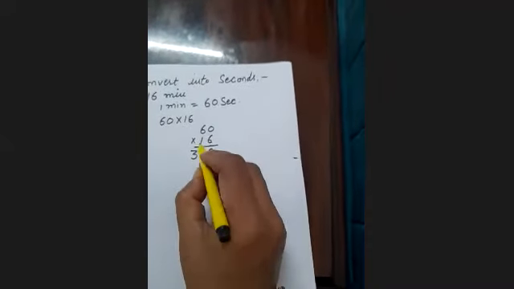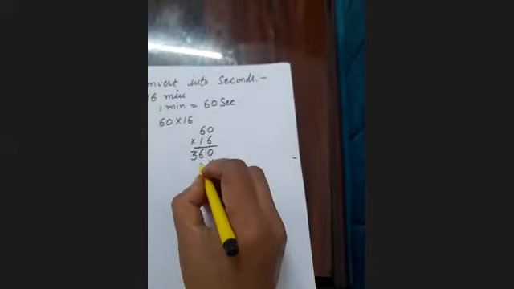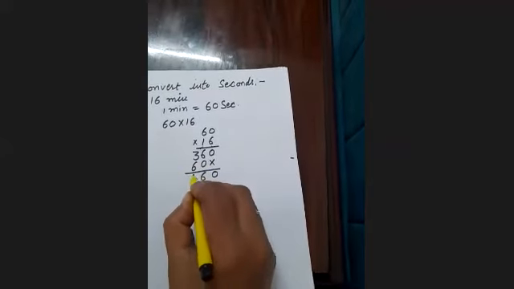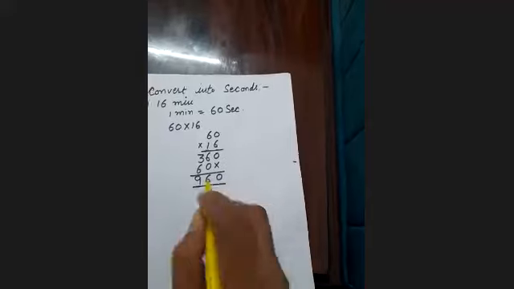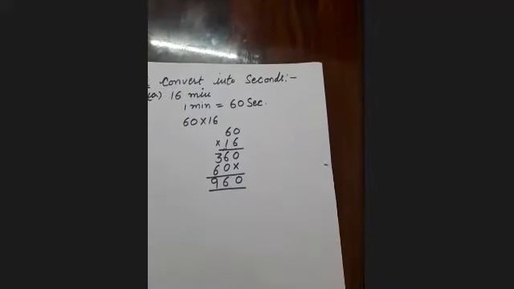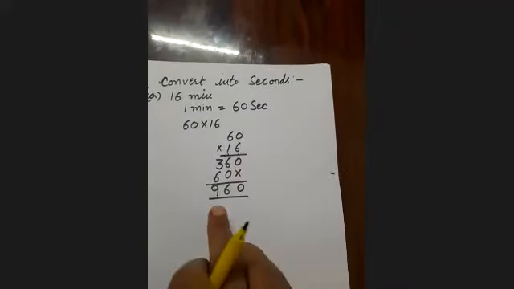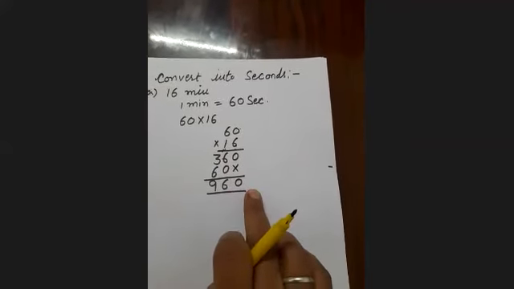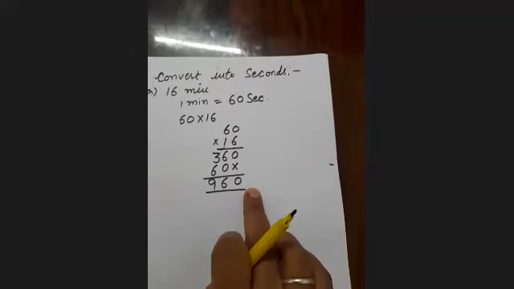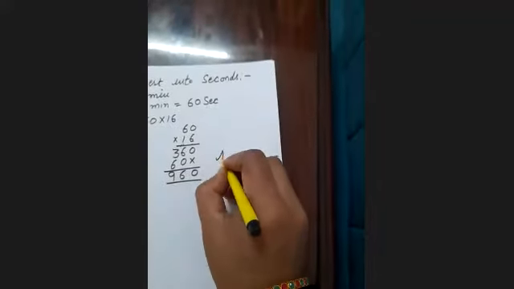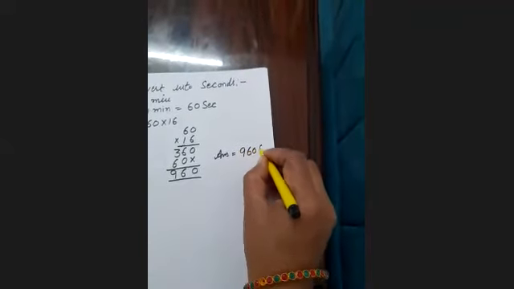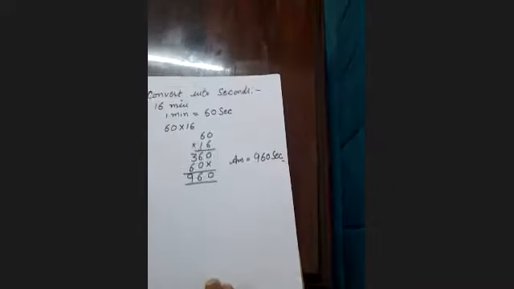Now in the second step, we will multiply by 1. 1 multiplied by 0, 0. And 1 multiplied by 6. So students, in 16 minutes, we have 960 seconds.